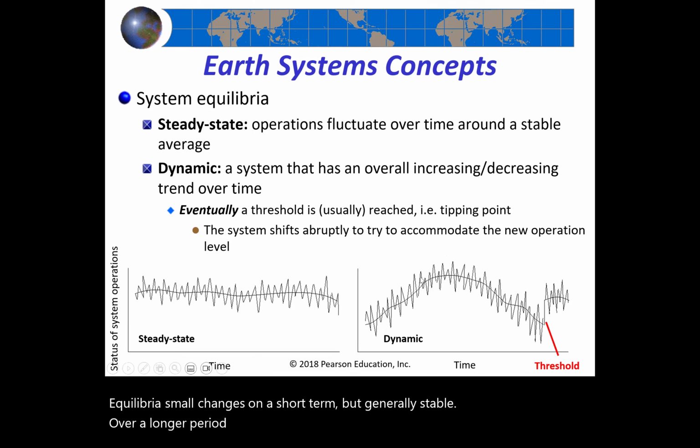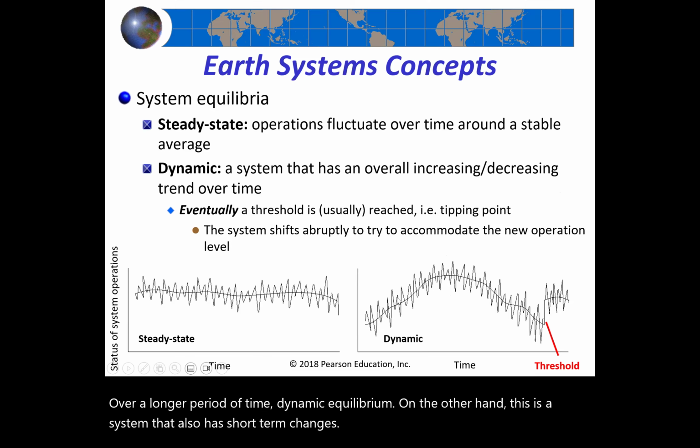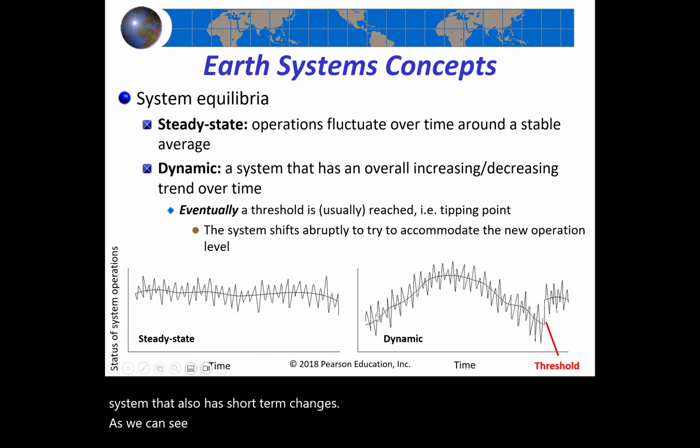Dynamic equilibrium, on the other hand, is a system that also has short-term changes, as we can see by the squiggles, but it is also changing over the long term. Ups and downs, what have you, depends on what the system is, what's going on.